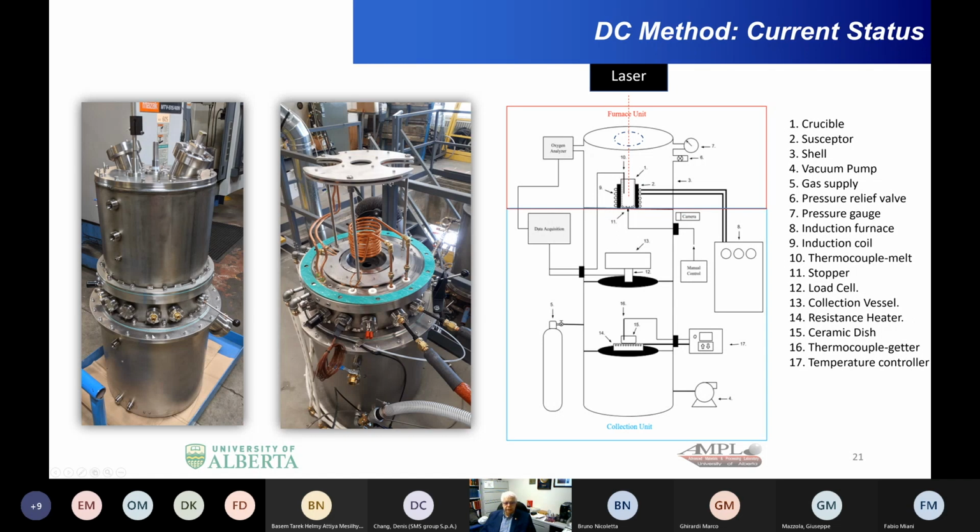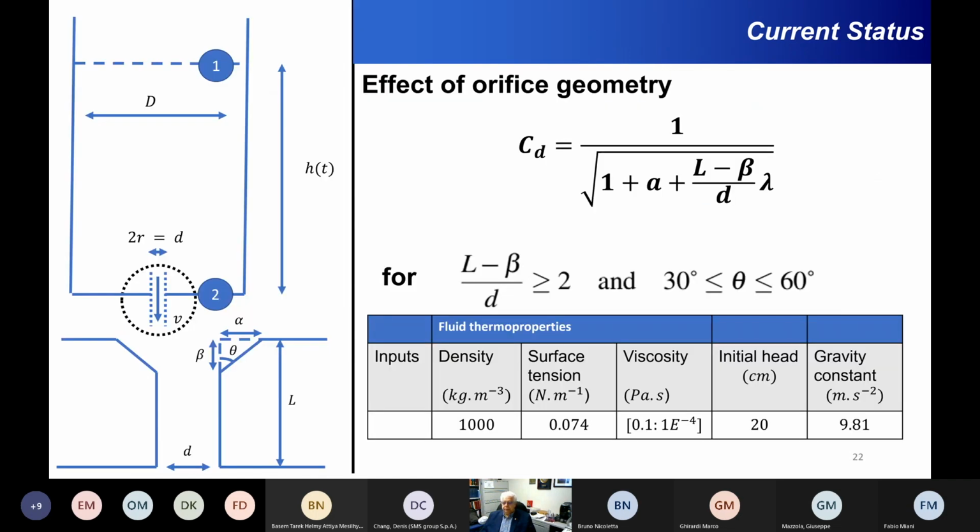The load cell sits near the bottom. The whole thing is about a meter and a half in height and about 0.2 meters in diameter. So it's a lot easier to control the atmosphere than the unit that Tomac was using many years ago. We're in the process of commissioning this unit.